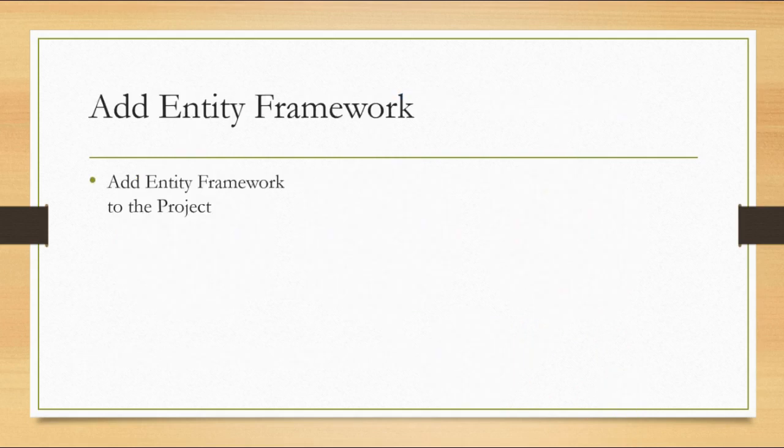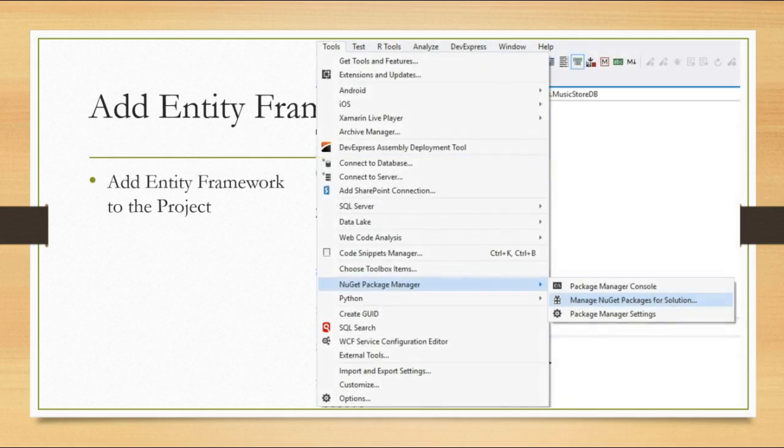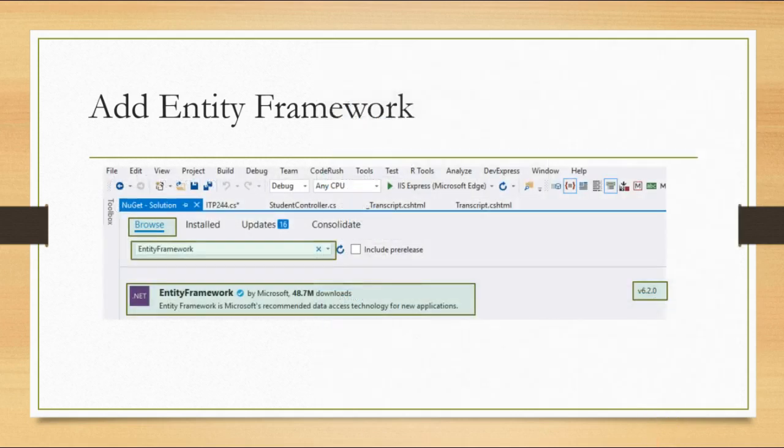So first we're going to add Entity Framework to our project. To do this, we will go to Tools in the menu, click on NuGet Package Manager, and go to Manage NuGet Packages for Solution. That brings up a search screen. We click on Browse.